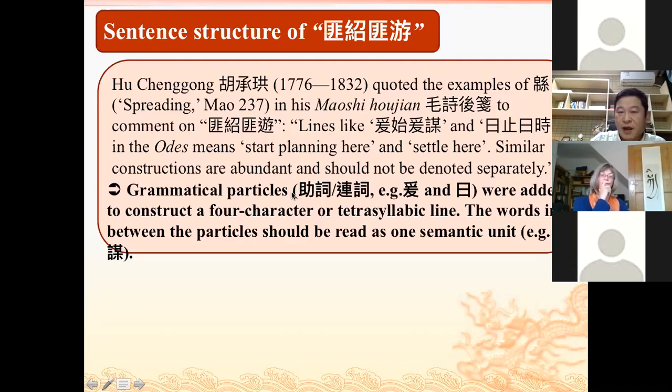Grammatical particles were added to construct a four-character or tetrasyllabic line to compose a poetic line. So the words in between the particles should be read as one semantic unit. For example, 匪少匪游 should be treated as 少游. 原始原谋 should be read as 始谋. 约止约时 should be read as 止时.